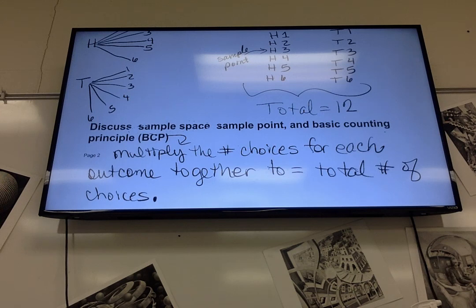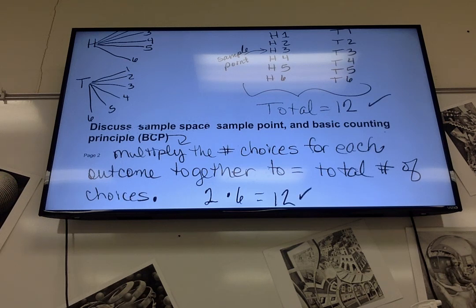How many choices do we have for flipping the coin? 2, heads or tails. And we multiply that times how many outcomes we have for rolling a die. 6. And 2 times 6, sure enough, is 12.